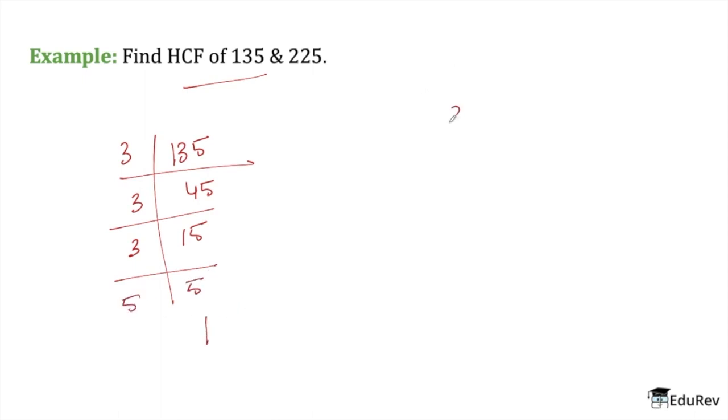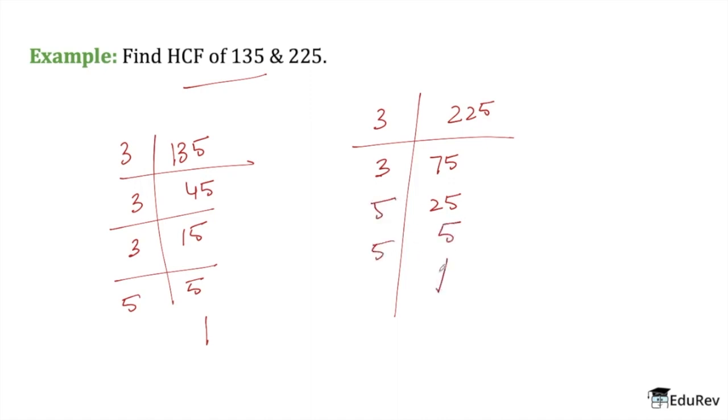Similarly, when I take 225, I can do what? It's going to be 3 times 75, then 3 times 25, then 5 times 5 and 5 times 1.